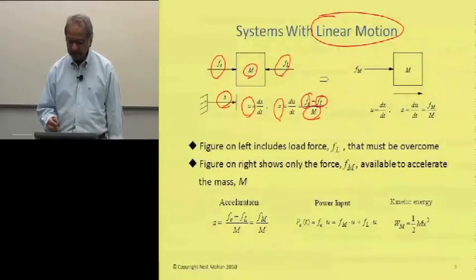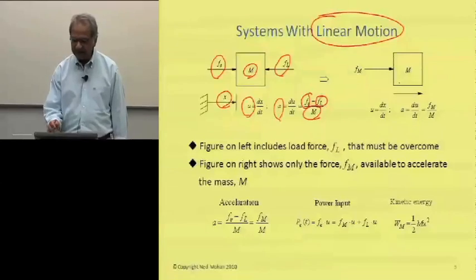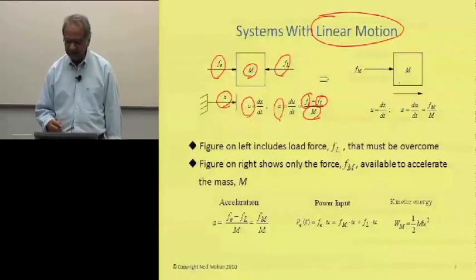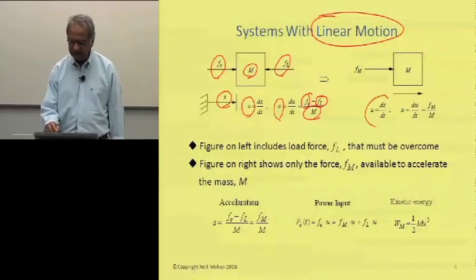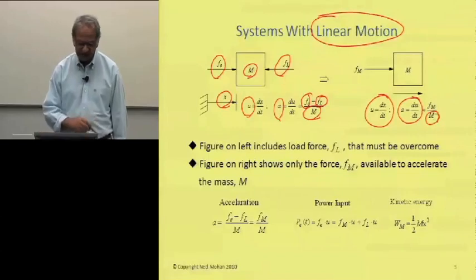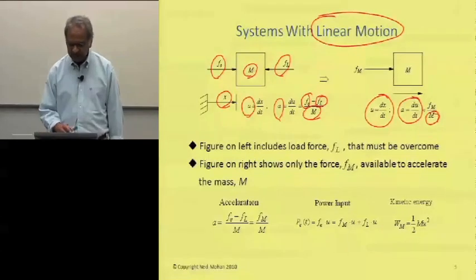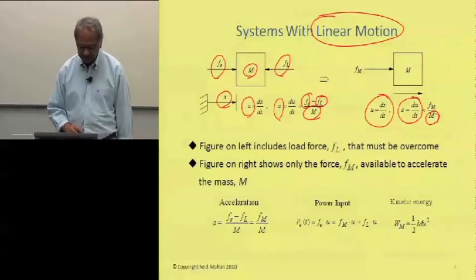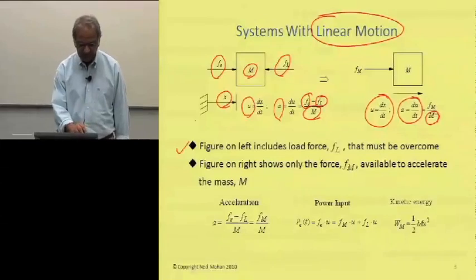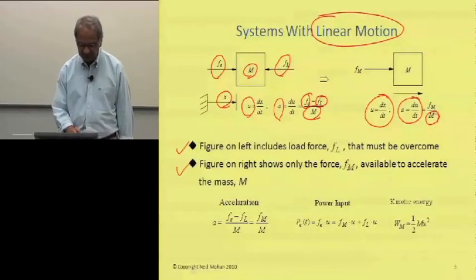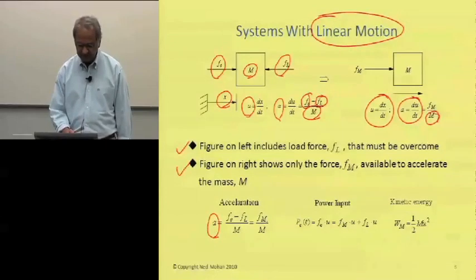That could be summarized in this next picture, where here's the velocity and this is the acceleration, which is equal to the net force acting on this mass divided by the mass itself. That's what is shown by these two items, and summarized here: acceleration is the net force acting on this mass divided by this mass.